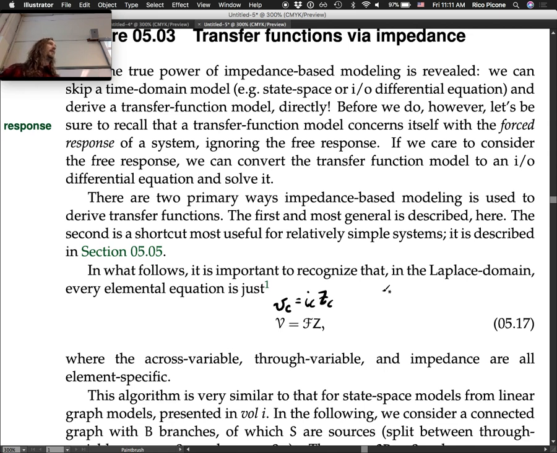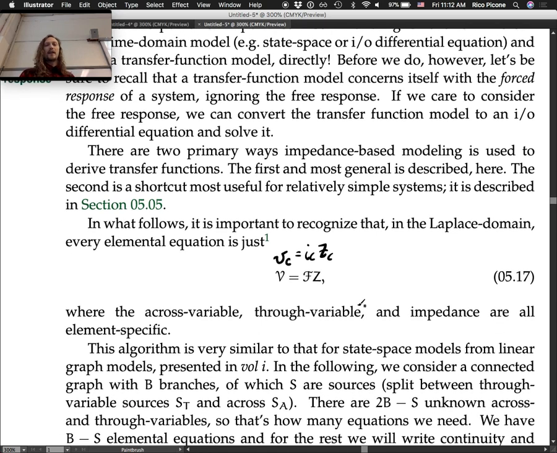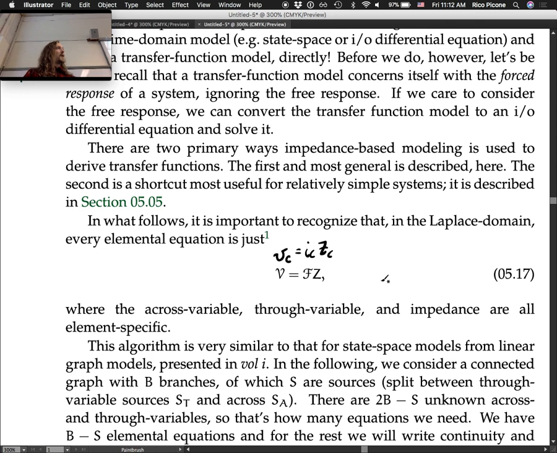So you put in the cross variable or the through variable associated with that element, and the impedance is associated with that element. So they're all the same. It's kind of boring to write the elemental equations in the Laplace domain because they're all the same equation, just with different variables in it. For what that's worth, something to keep in mind.